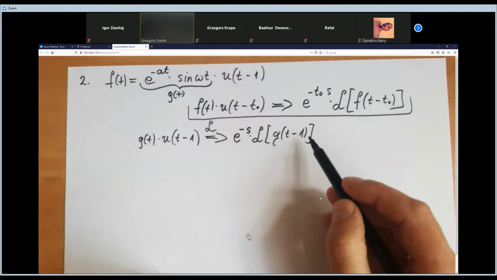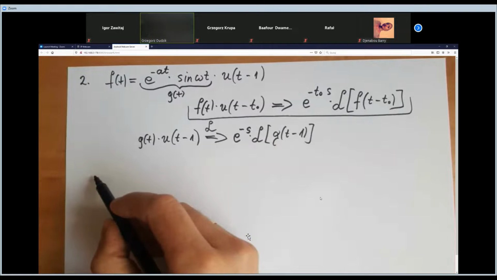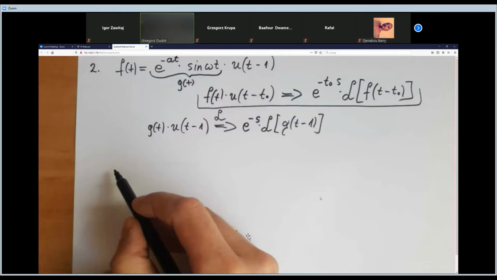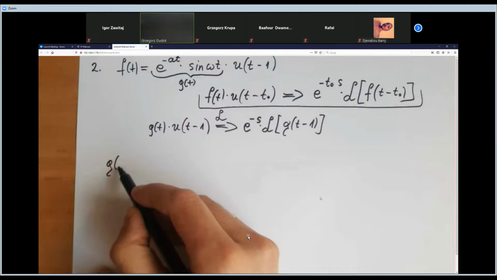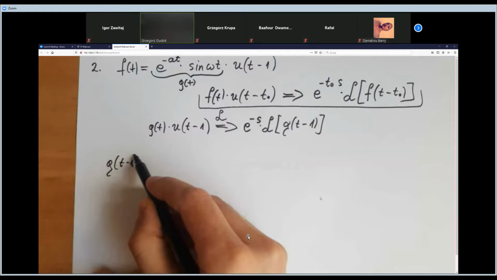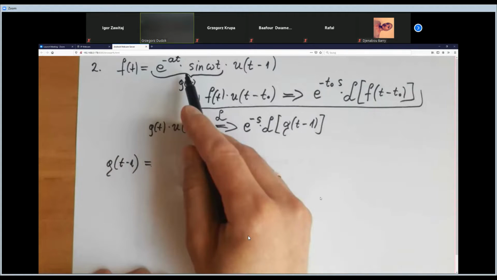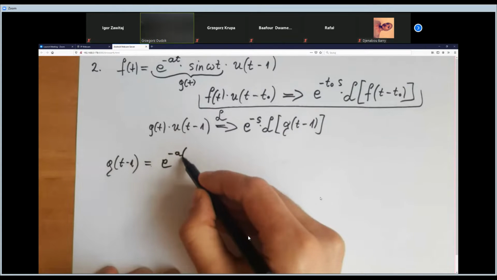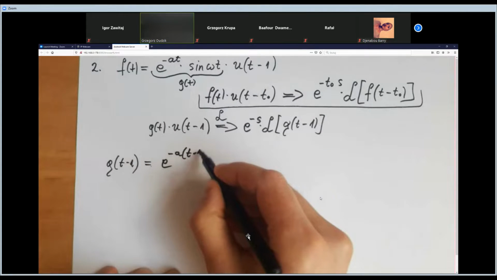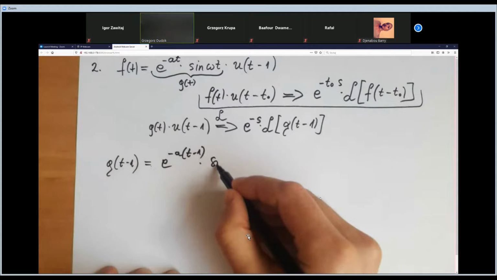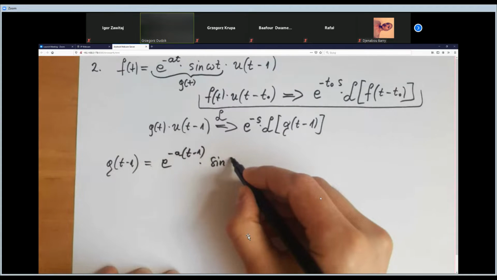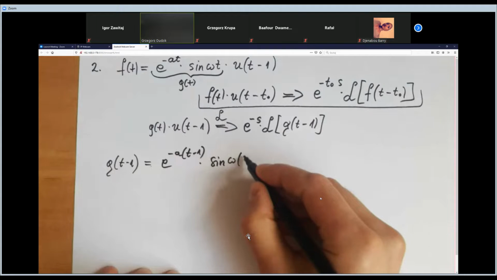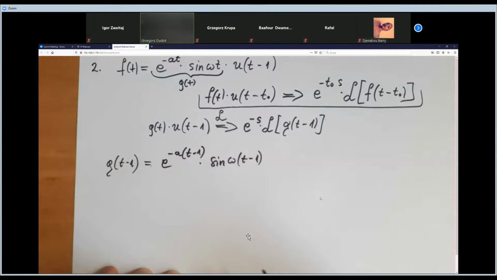Okay, let's do it. What is g of t minus 1? This is equal to e to the power of minus e times t, where we have to substitute t minus 1, times sine omega (t minus 1).